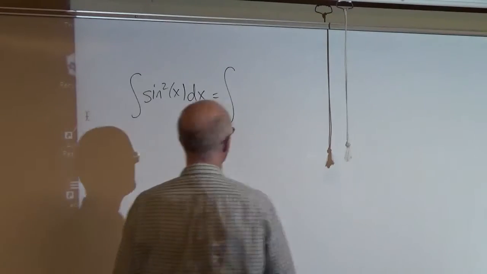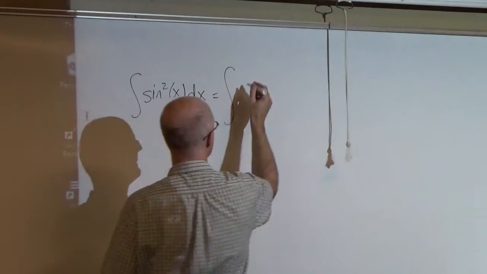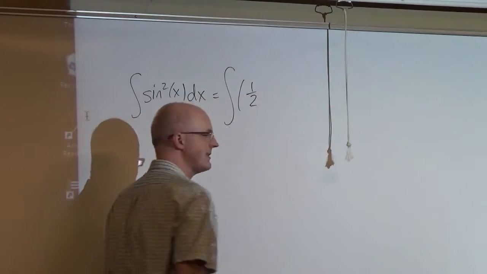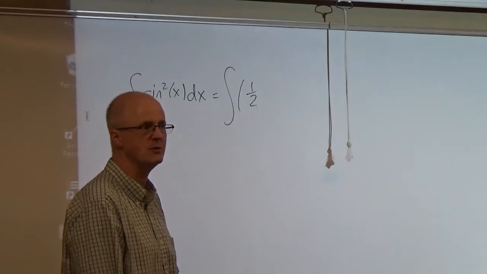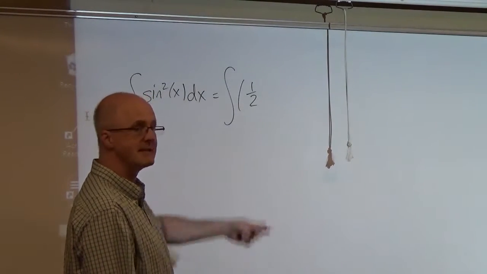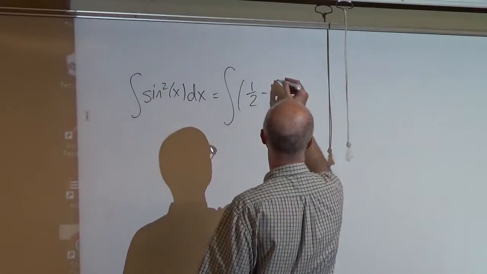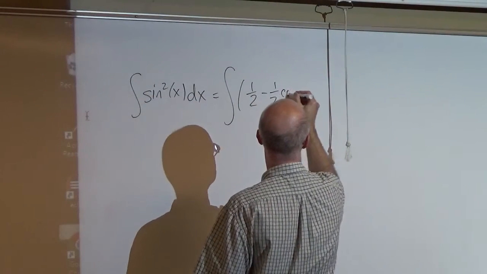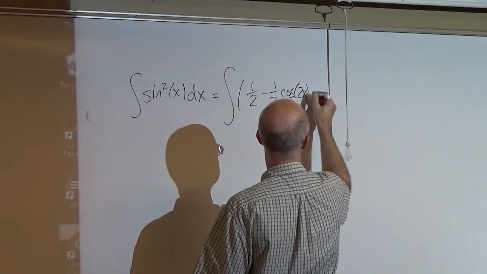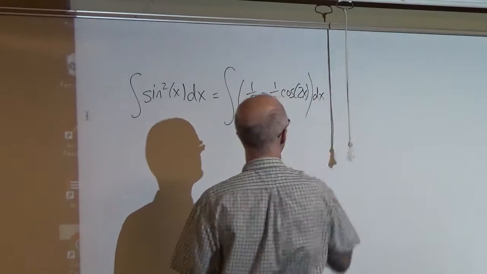Last Friday, we did it with cos squared. I used the trig identity and I said cos squared equals 1/2 plus 1/2 cos 2x. Sine squared is almost the same thing, except for the minus sign here. Sine squared actually equals 1/2 minus 1/2 cos 2x. Not sine 2x, but cos 2x. That is correct right there.